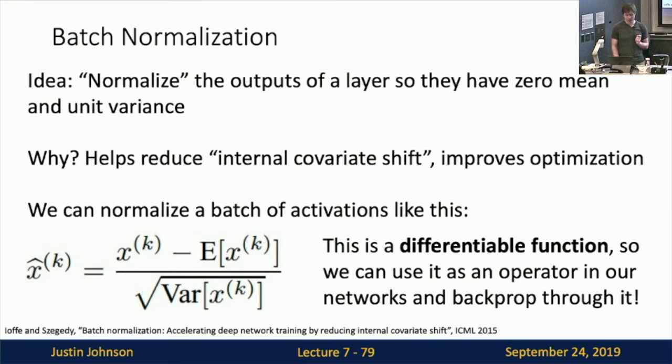The idea is that we want to receive the outputs from some previous layer and normalize those outputs in some way so that they have a zero mean and unit variance distribution. Why? That's a great question. If you read the original paper, they say that it reduces something called internal covariate shift, which is not well understood exactly. But the rough idea is that when you're training a deep neural network, each layer is looking at the outputs of the previous layer.